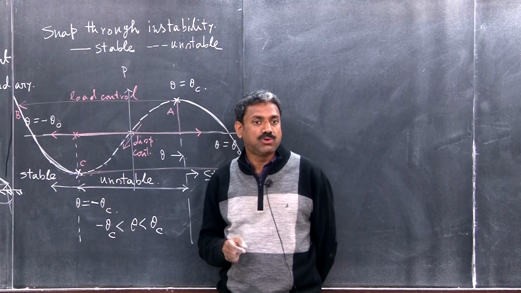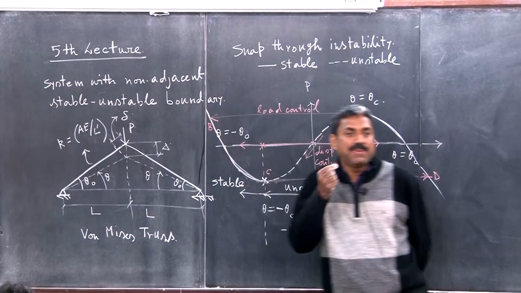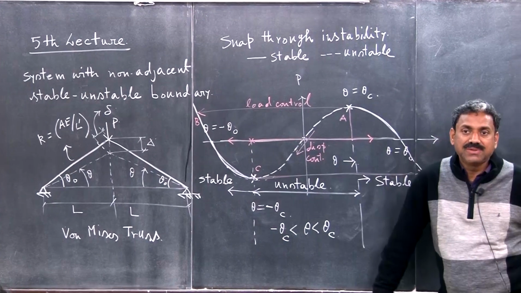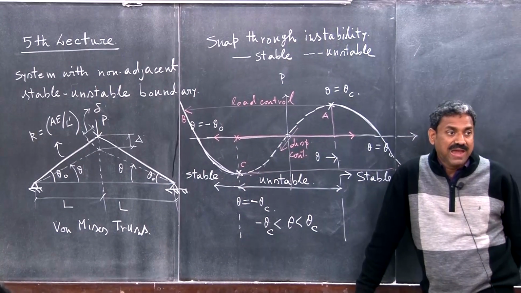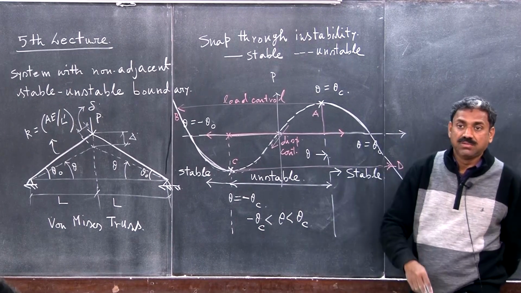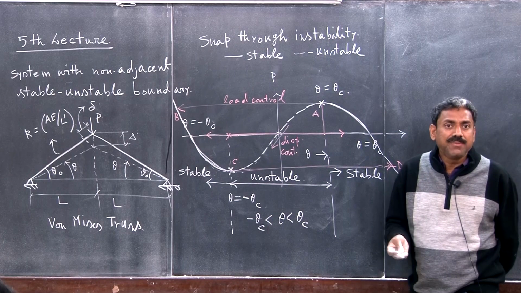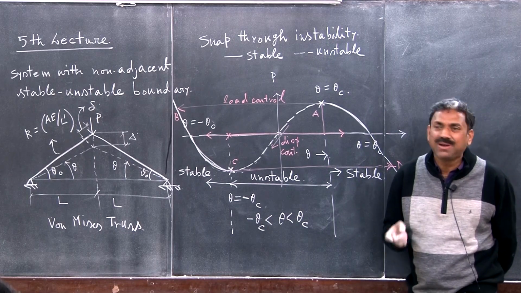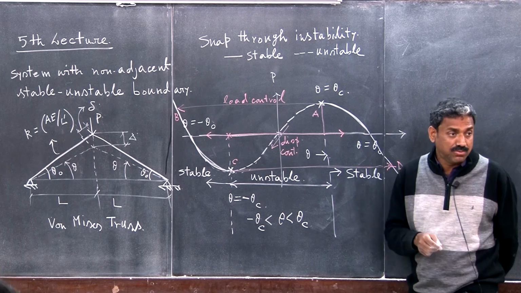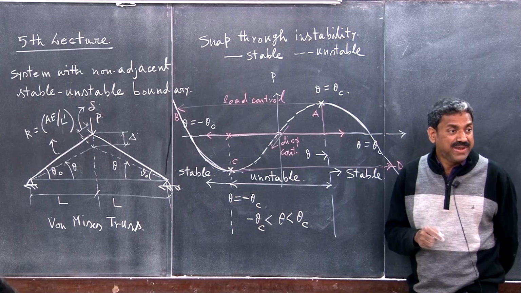It will not happen statically, it will always happen dynamically. When it jumps from here to there, it will happen momentarily. That means there will be significant inertial force and kinetic energy and it will oscillate. Eventually, if there is no damping, it will perpetually oscillate, but there is damping, so eventually it will come to rest. So the kinetic energy will be dissipated in the form of heat.